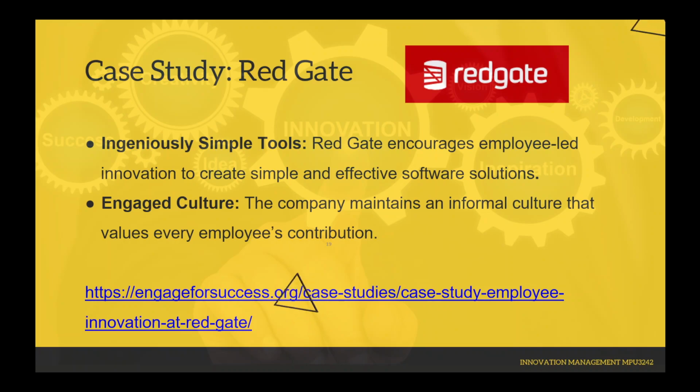This is what they call an engaged culture, where the company maintains an informal culture that values every employee's contribution. They give rewards to the employees that give good ideas. You can see the case study inside the link for RedGate.